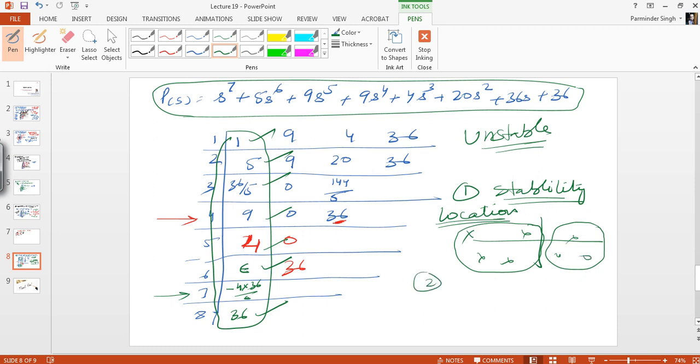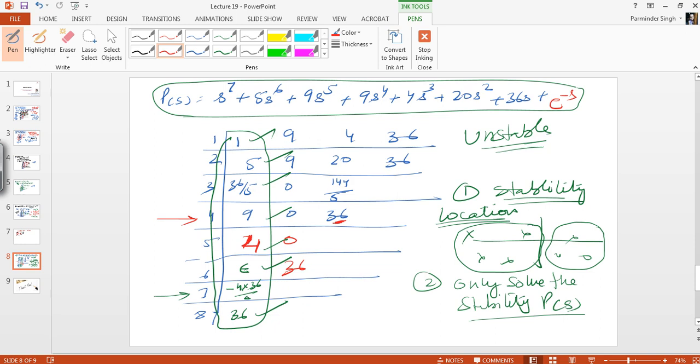Second drawback is it only solves the stability for polynomial equations. Suppose in the system we have an exponential term, e^(-s), a lag term, then it won't tell us about the stability of the system.